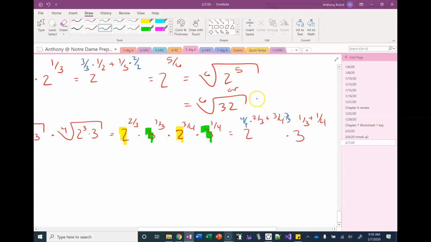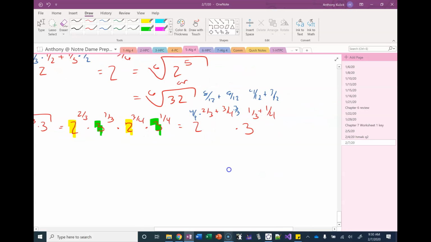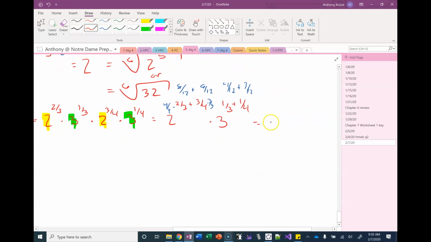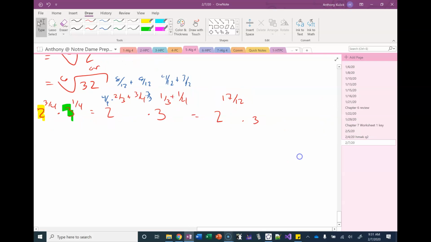So that's going to give me 8/12 plus 9/12. If I do the same thing here, that's going to be 4/12 plus 3/12. So that's going to be 2 to the 17/12 times 3 to the 7/12. We all okay to here?